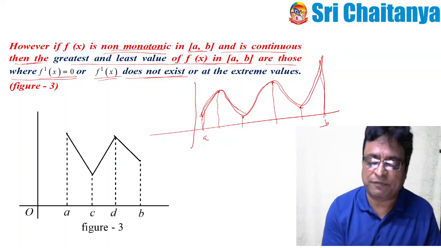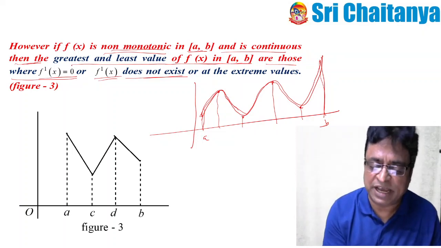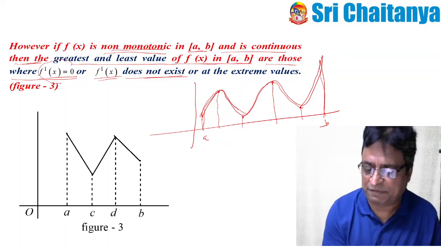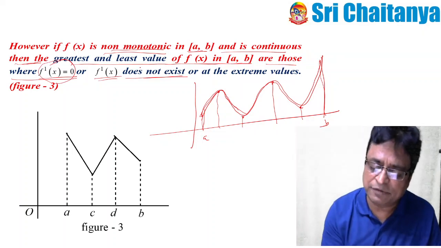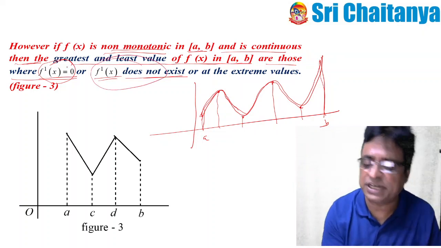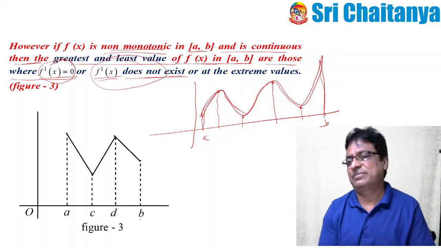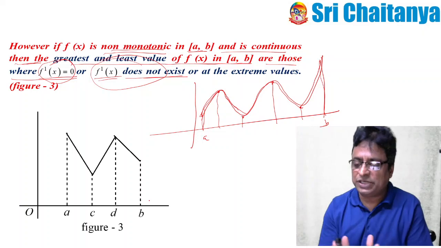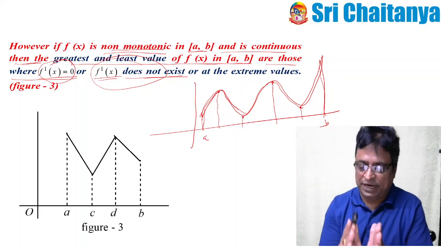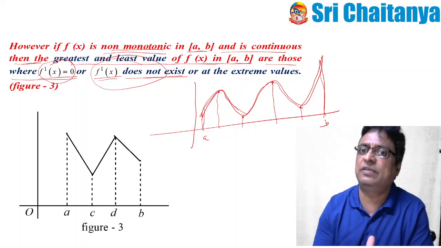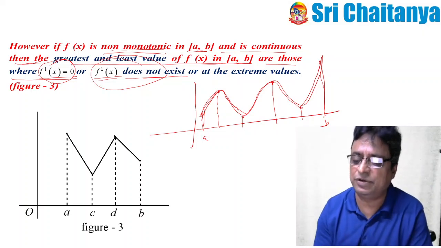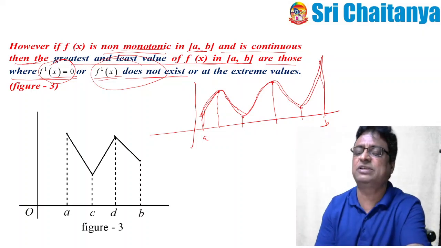Find the points where the derivative of the function is equal to 0, and find the points where the derivative of the function does not exist. So what points are you finding? You are finding where the derivative of the function is equal to 0 or where it does not exist, provided your function is continuous in closed interval ab.